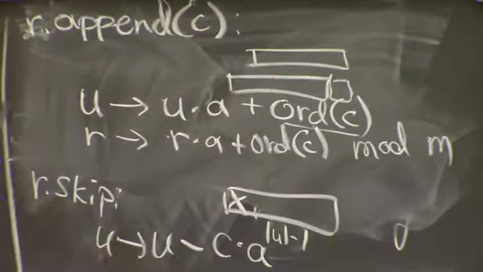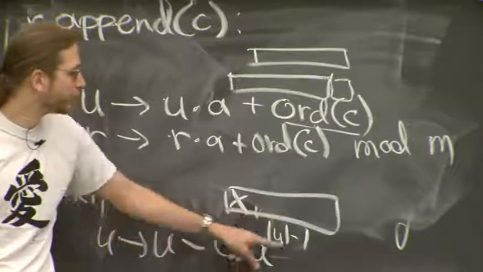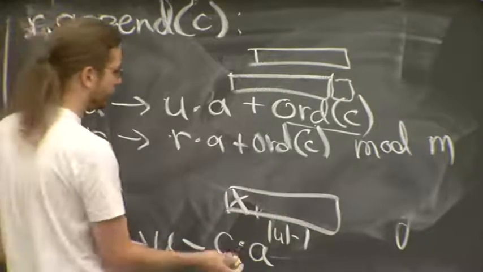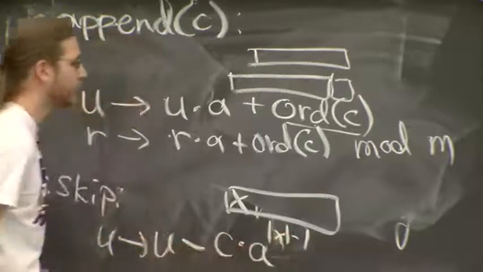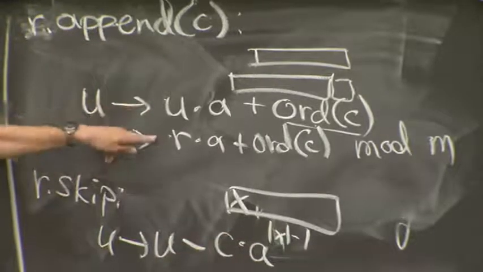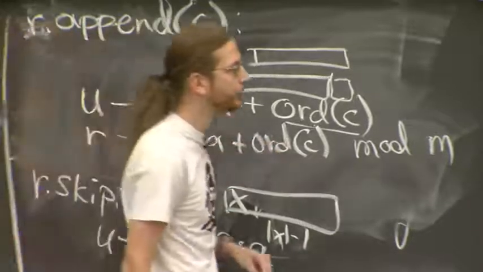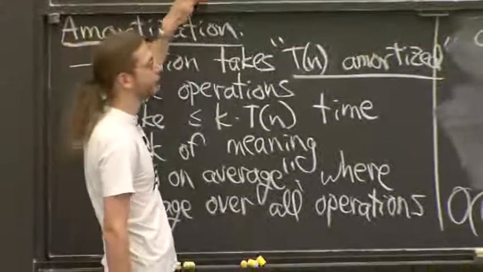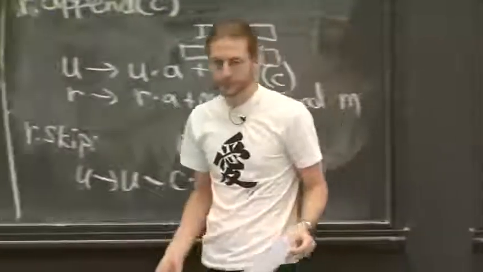So what r stores is the current hash value, and it stores a to the power length of u, or length of x, whatever you want to call it. And then it can do these in a constant number of operations, just compute everything modulo m, one multiplication, one addition. You can do append and skip, and then you have the hash value instantly. It's just stored, and then you can make all this work. That's it.